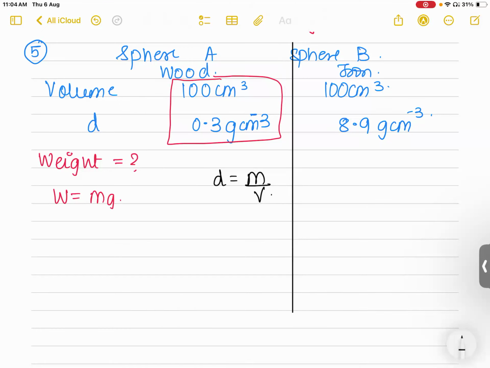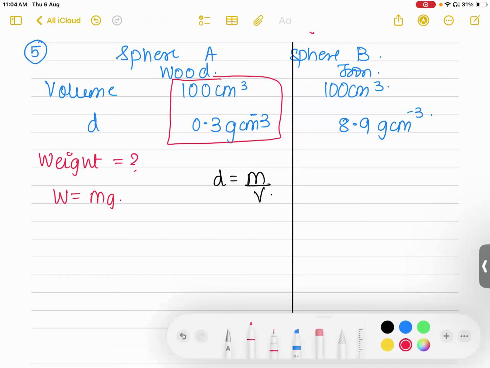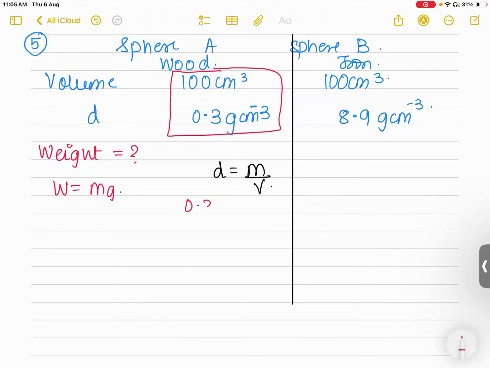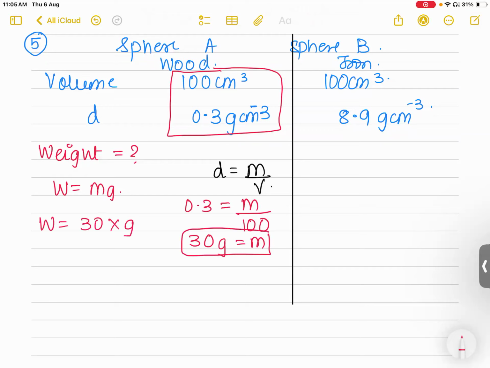Density is mass upon volume. So students, density for the first sphere is 0.3. Mass is not given. Volume is 100. This goes over there. So you will get 30 g as the mass, 30 grams. So weight of the first object will be 30 into g, which will be 30 gf. That is the weight of the first object.